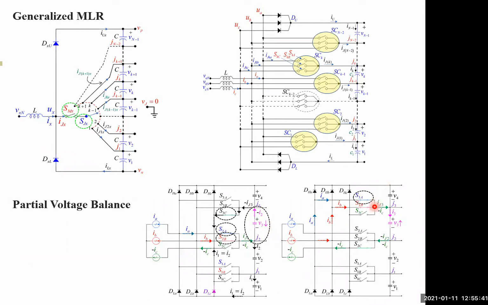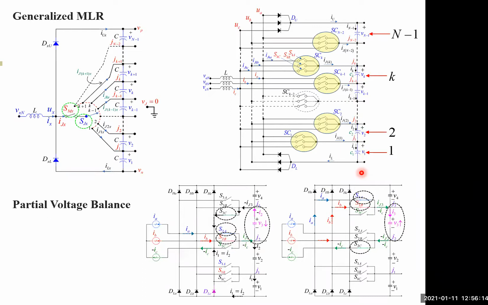Similarly, if we use a different switch sequence, we cause the current to flow downward through V3, and therefore V3 will charge. The problem is that we have partial voltages 1, 2, K up to N minus 1 that we need to balance, but we only have 3 switches that we can turn on at any given time. So we can only correct 1 partial voltage at a time. This is the problem. We can't correct them all at the same time.